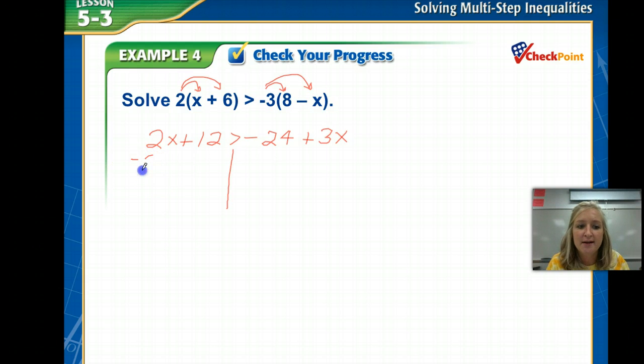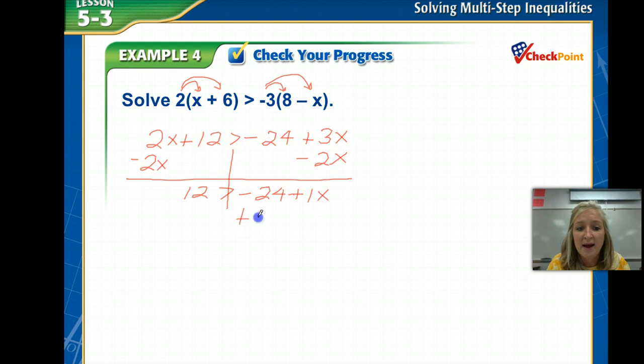Let's subtract 2x from both sides. Again, if this is not what you did first, hopefully our answers at the end are the same. So I have 12 left on this side is greater than negative 24, plus 1x. I'm going to add 24 to both sides.